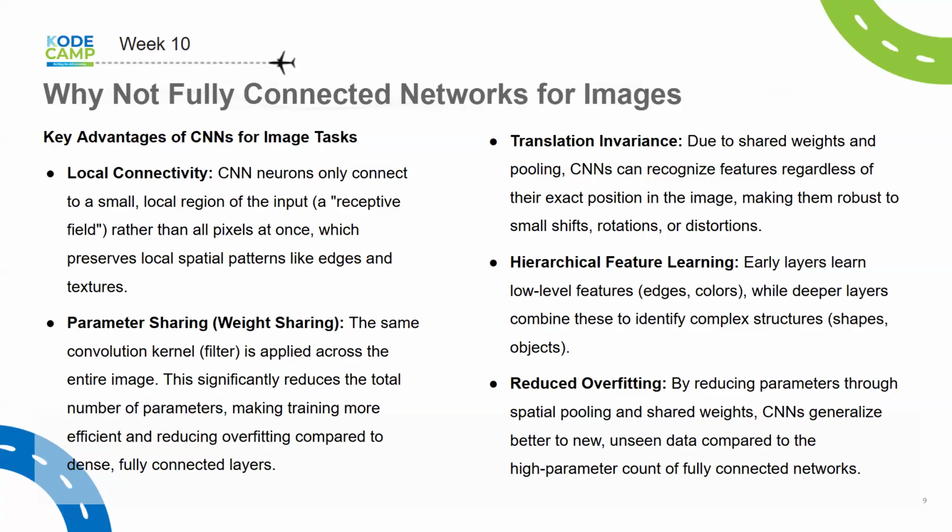Because of shared weights and pooling, and the kernel moving around, convolutional neural networks can recognize features regardless of their exact position in the image, because you're effectively moving the weights from one part of the image to the other. So the weights that have learned to recognize a particular pattern will recognize it irrespective of where on that image it is.